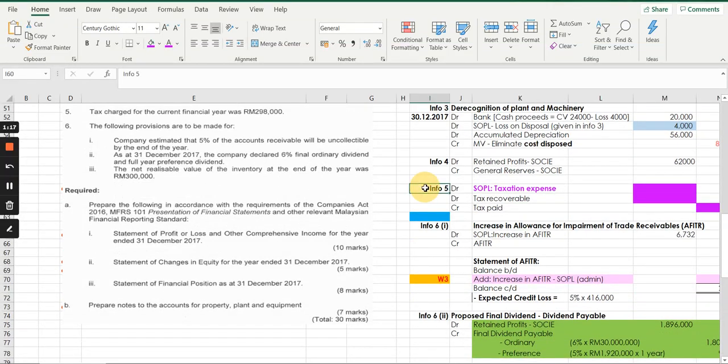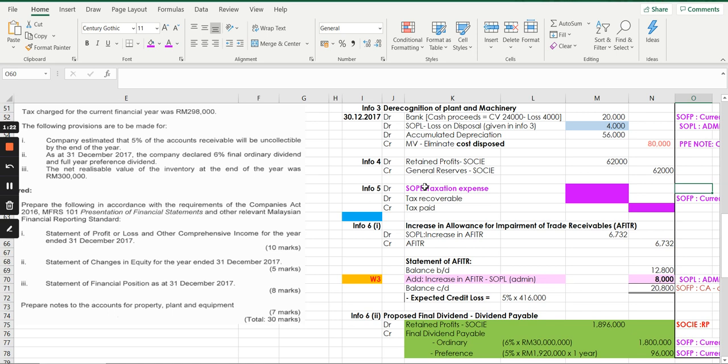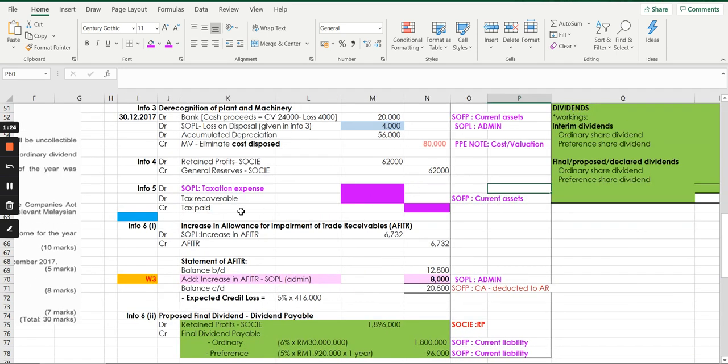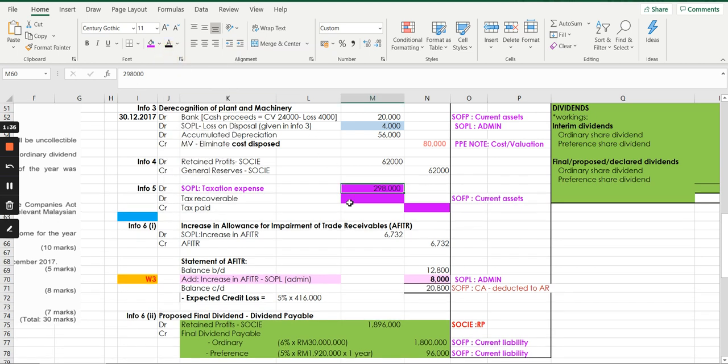You can see information number 5 is related to tax. You have to debit your taxation expense in the statement of profit or loss with the information that you have, 298,000, and the tax paid will now be eliminated and credited with the amount here, 315,800.